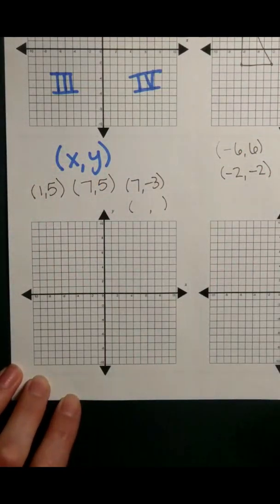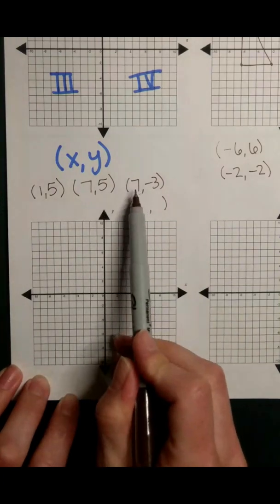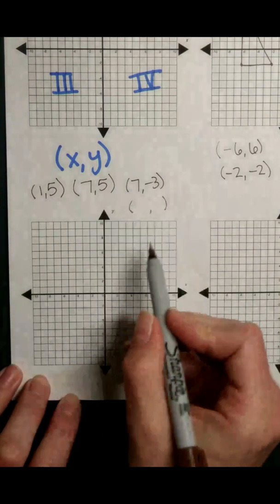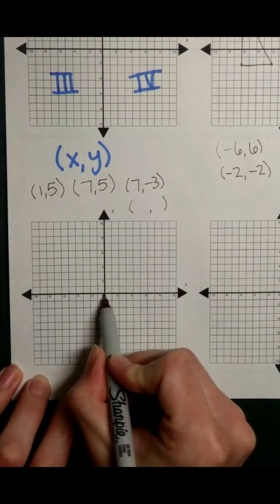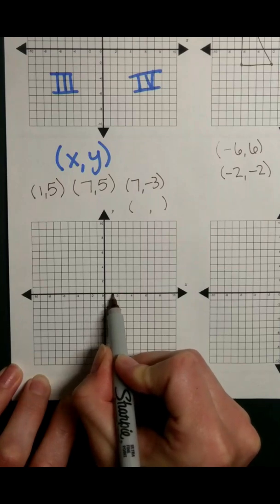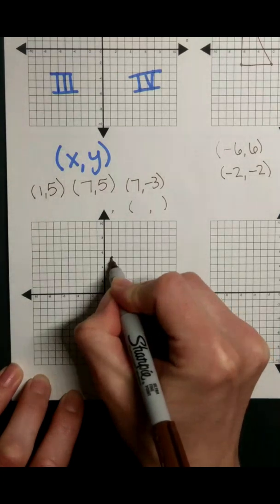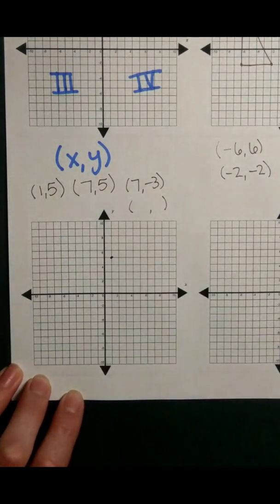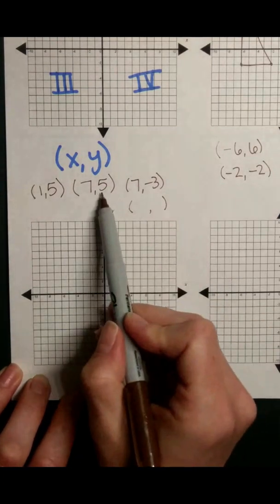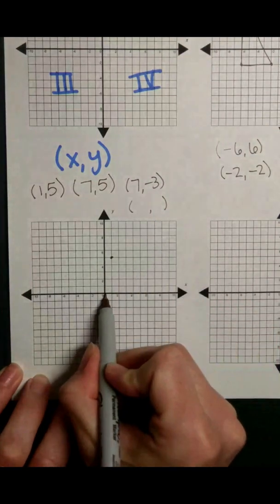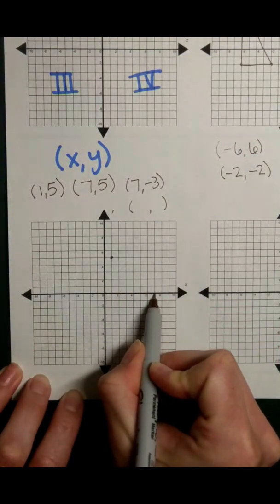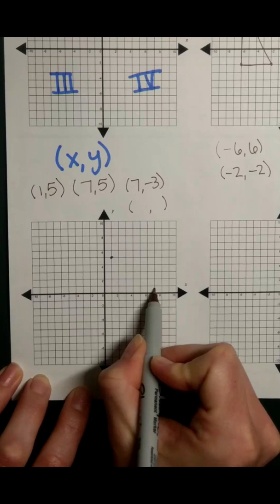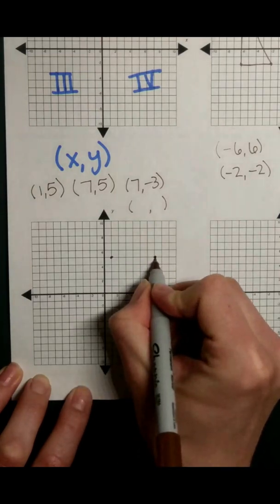So we'll figure this out by first plotting the 3 points that are given. 1, 5. So start at the origin always. 1 is positive, so it goes right. 5 is positive, so it goes up. Then I'm going to plot my next point, 7, 5. 7 is positive, so to the right 7 spaces. 5 is positive, so up 5 spaces.